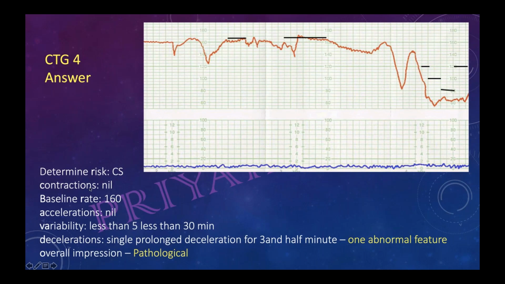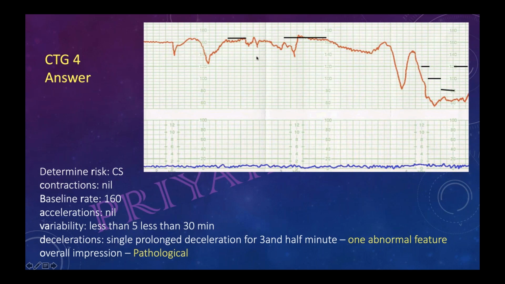So this high-risk patient was on oxytocin and she has a previous cesarean. It has got no contraction because the rupture is already there. So the baseline rate is like 160 or even slightly more than that. Acceleration is not there.